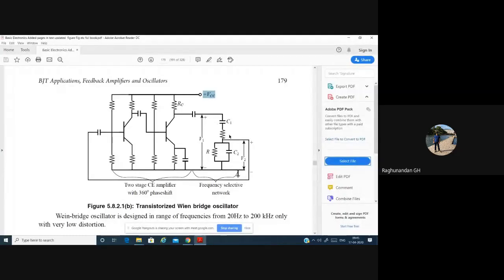So by properly tuning this, we are going to get the desired frequency. Whatever frequency you want, you just have to tune these values.